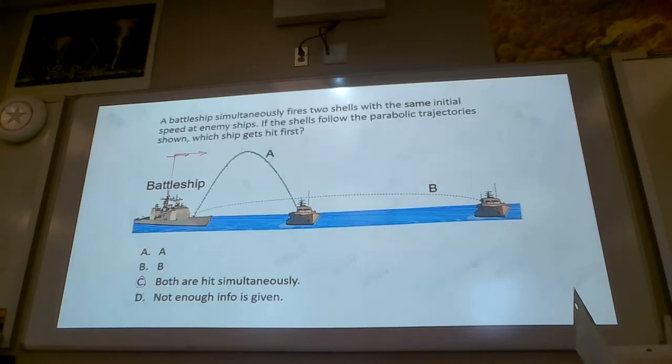Which one's closer to 45? And then plug in your numbers. Just plug in your numbers. And then do the math.